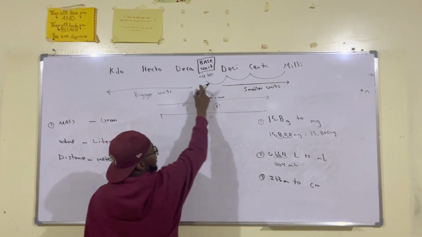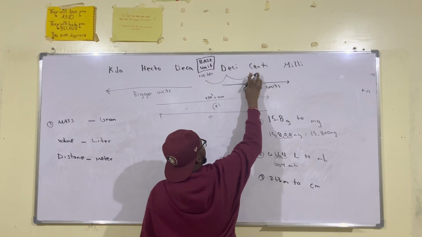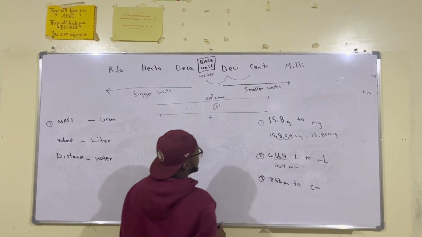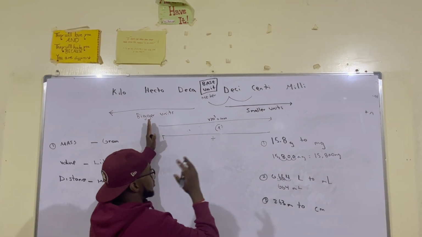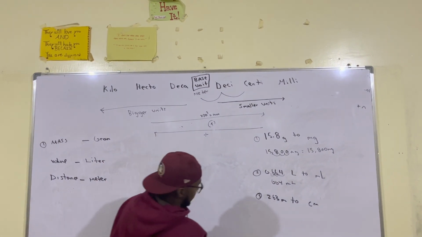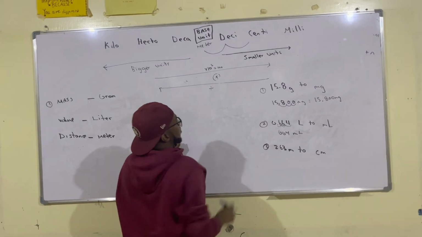The meter is here, centimeter is here. Okay, so we go 1, 2, 2 decimal places. And again, we're going from left to right, so we multiply. Okay, we multiply by 10 to the power of 2, which is 100.